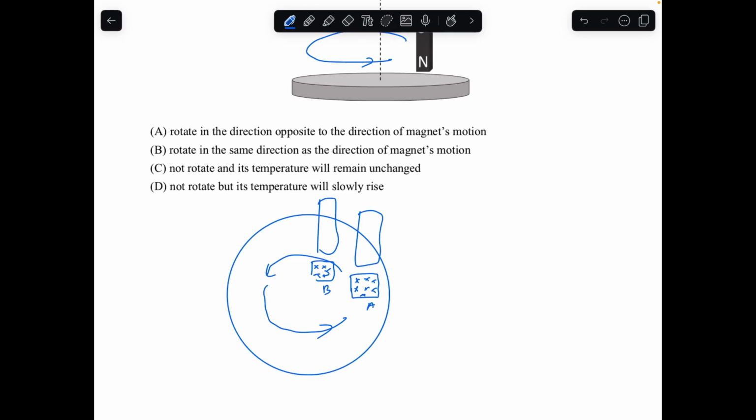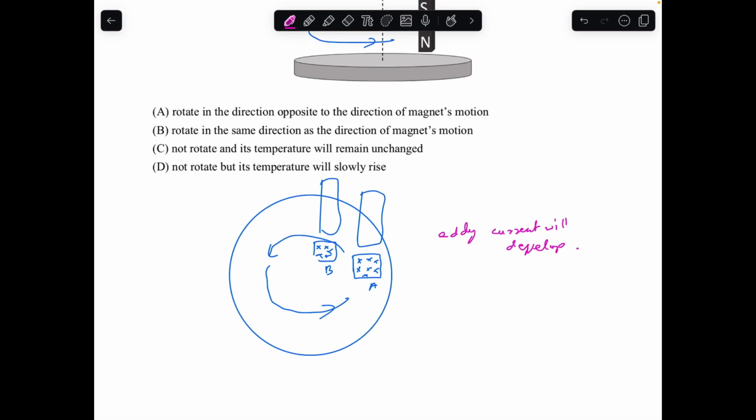So at A and at B, I am considering. At A, the magnetic field will change, and because of that change in a metal surface, eddy current will develop. That eddy current will oppose. Is that clear?